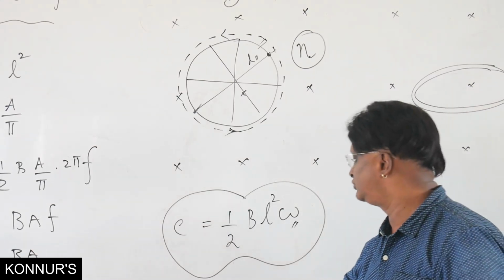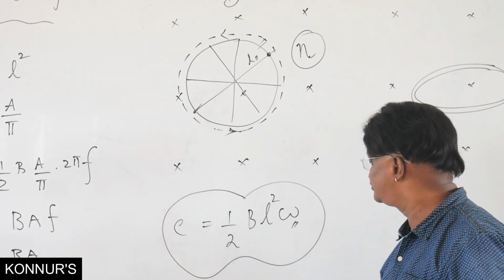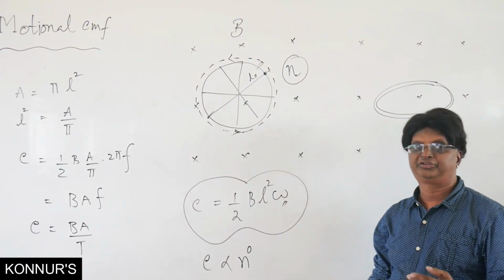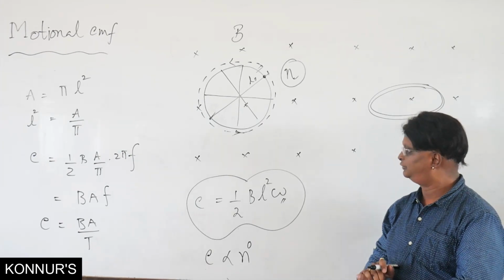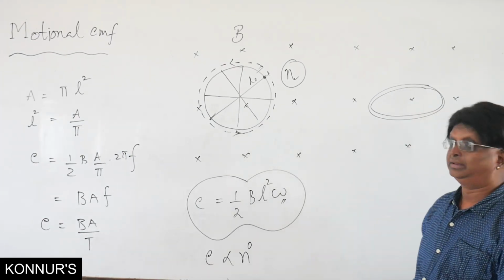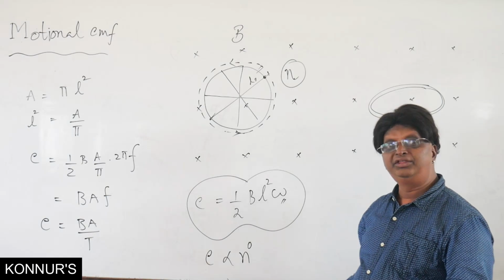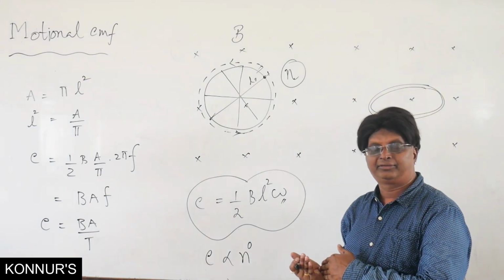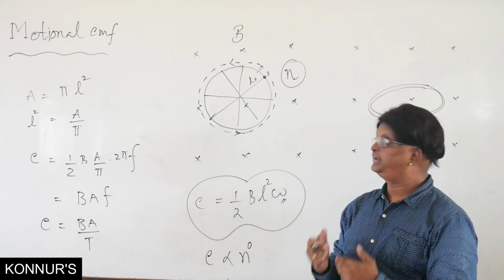In this case also, remember E is proportional to N to the power 0, independent of the number of spokes. Similarly, instead of a wheel, you can even call it a disc.